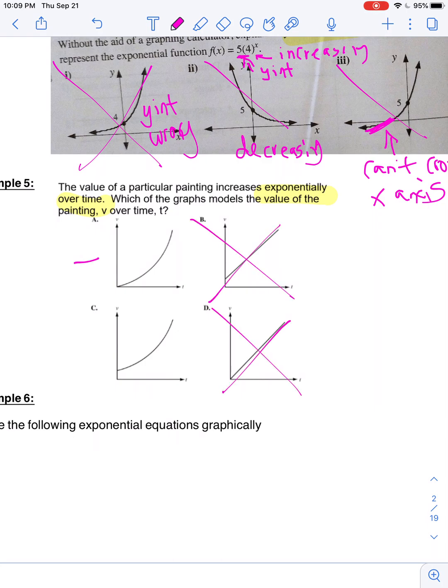So really we're going to look at A and C. The only difference is A has a y-intercept that starts at 0, and C has a y-intercept not at 0. We're going to assume that the painting is worth more than $0, right? No one buys a painting that is $0 to start with. It's probably worth something. So the answer that makes the most sense is C.